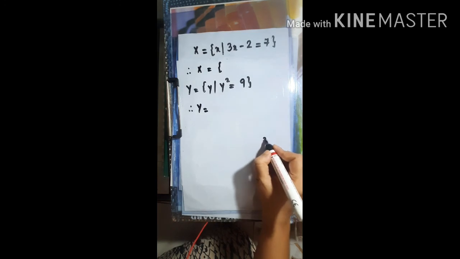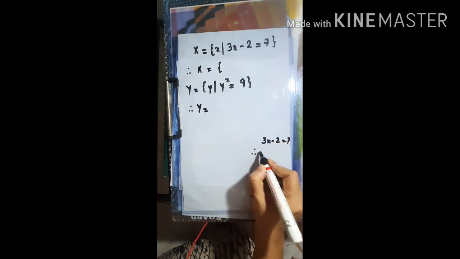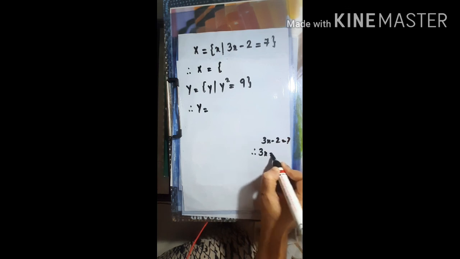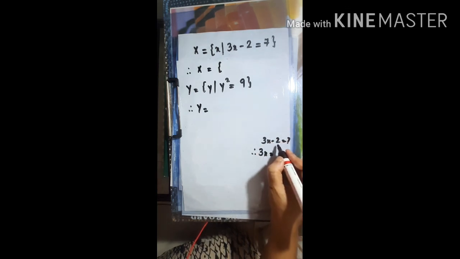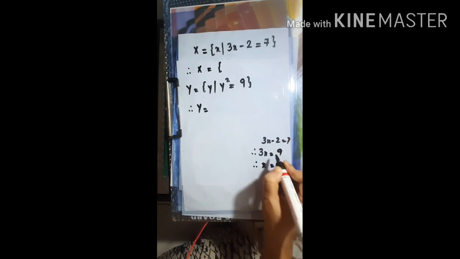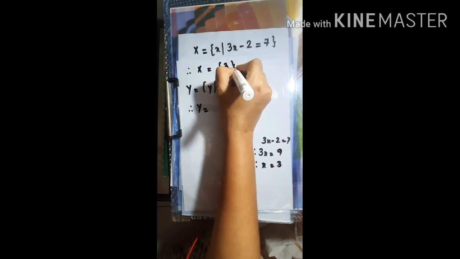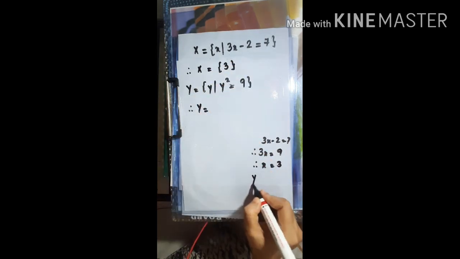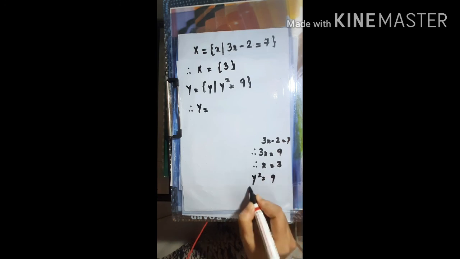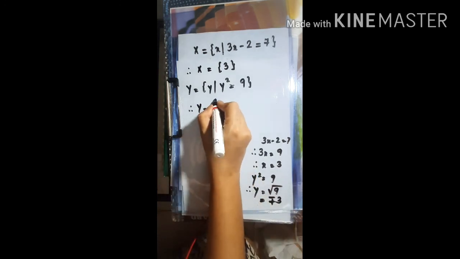Now, look here, 3x minus 2 equals 7. Therefore, 3x is equal to, this minus goes on that side, it becomes plus, 7 plus 2 is 9. Therefore, x is equal to 9 divided by 3, x is equal to 3. Now y square is equal to 9. Therefore, y is equal to square root of 9, which is plus 3 as well as minus 3.